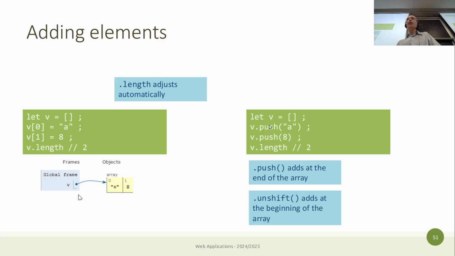There are quite a number of methods that you can call on arrays. Okay, so you can add elements with this function push. This adds at the end, and you can add also at the beginning with unshift.